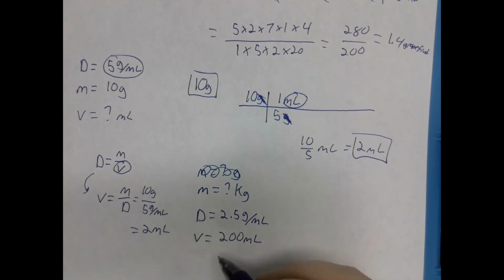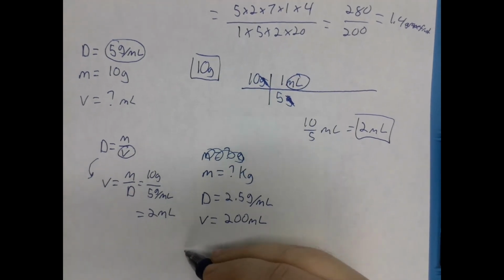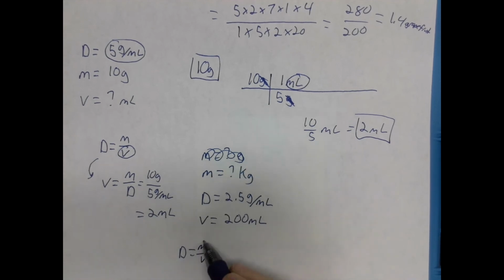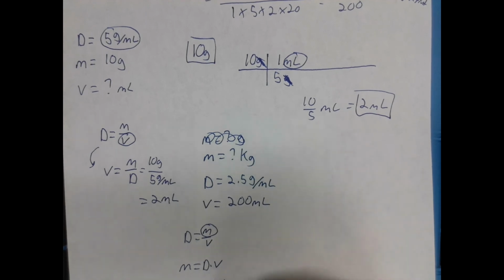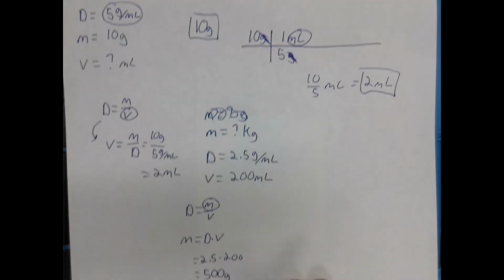So again, you can use algebra to solve for this. Density is equal to mass divided by volume. You're solving for mass. Mass is equal to density times volume. Density was 2.5 times 200 milliliters for the volume. So that gives me an answer of 500 grams.